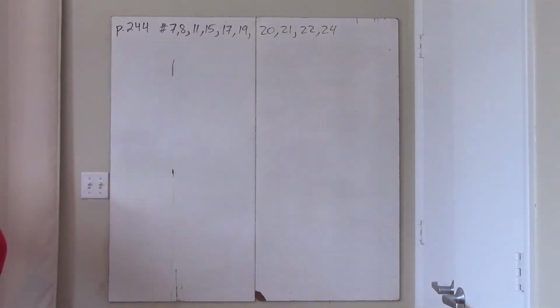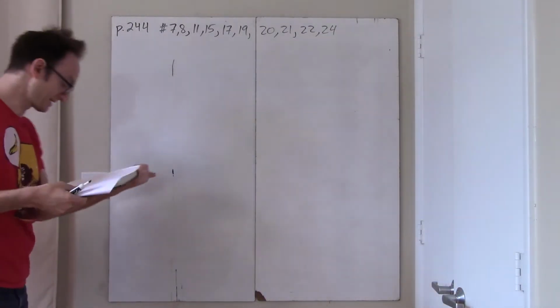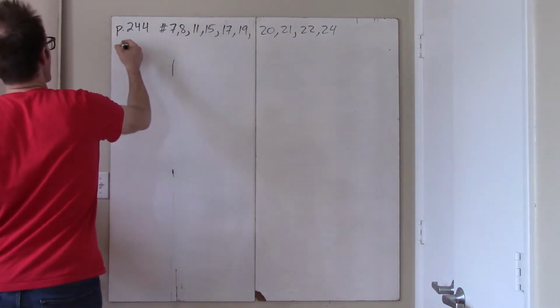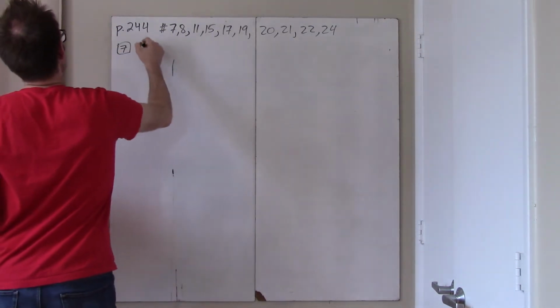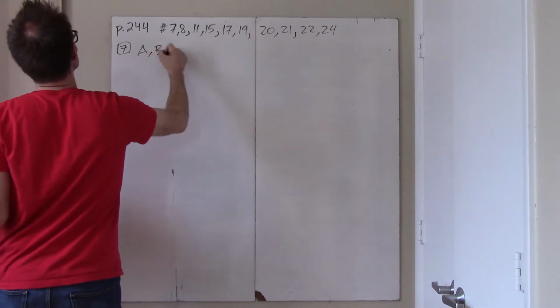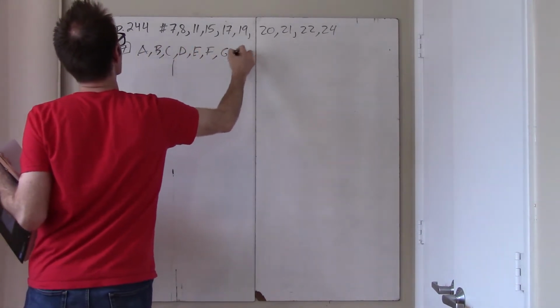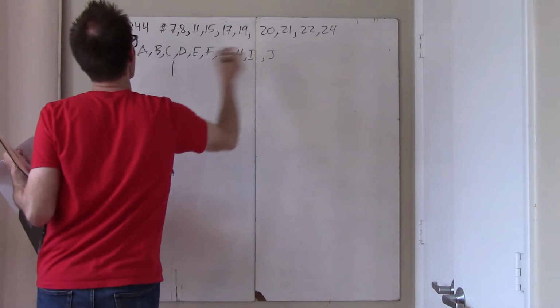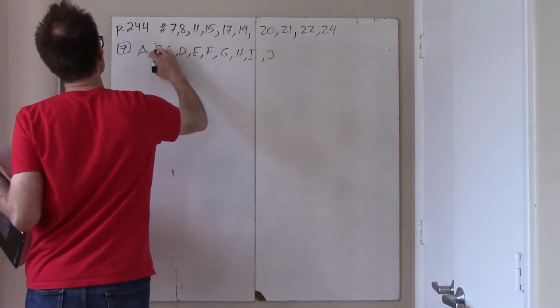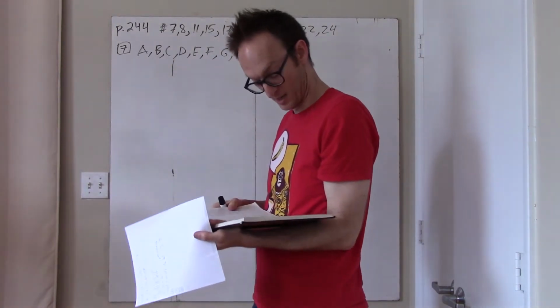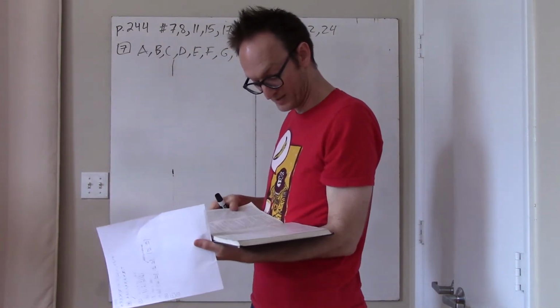Okay, number 7 says, suppose the letters A through J, so A, B, C, D, E, F, G, H, I, and J are arranged randomly in a string.